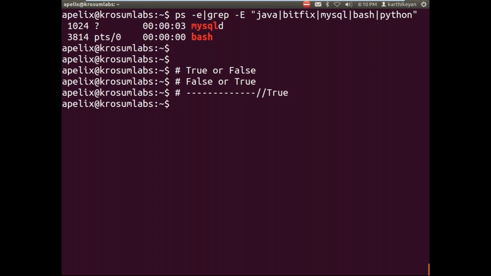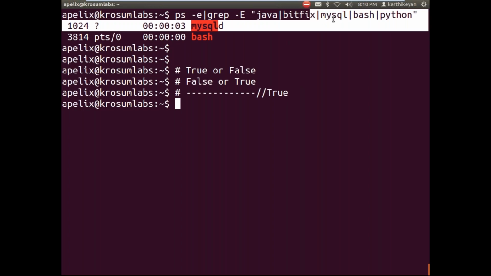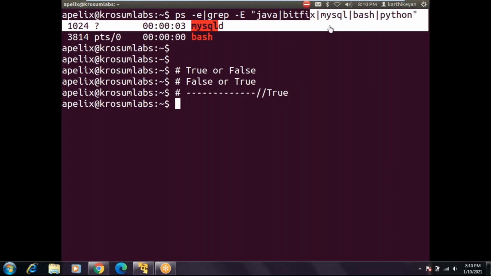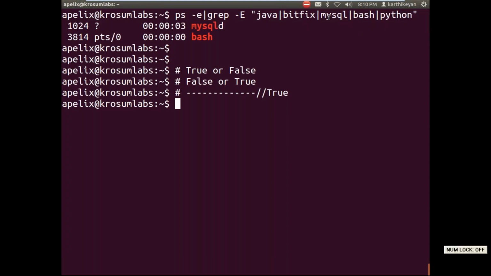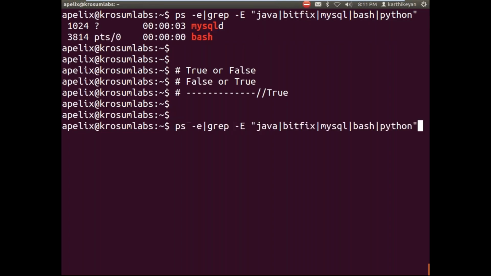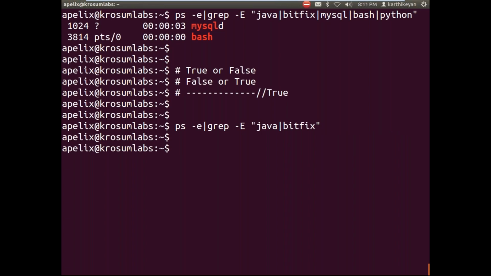So in my process listing, I may not have any Java process, Bitfix process, MySQL process, or Python process, whatever I have written. If any one process name is matched, it will be true, and only the matching process will print. If none of the processes match, false with false, the result will be false.